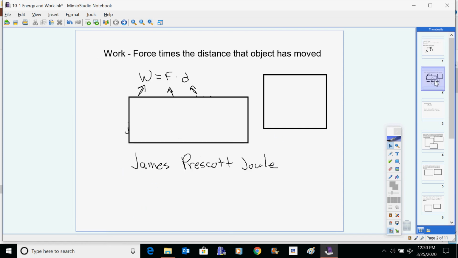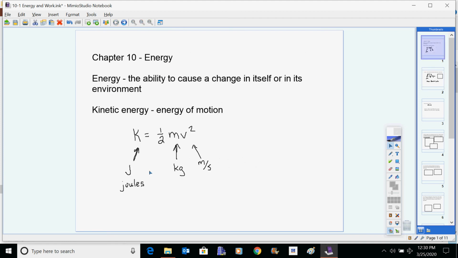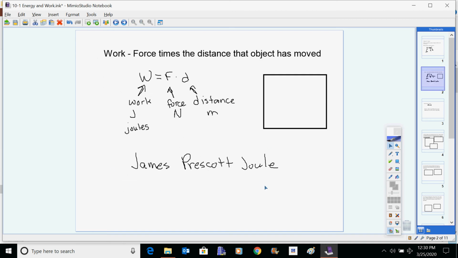Joule coming from James Prescott Joule, a scientist. And so our words that go with them are work, which is going to also equal force times distance. That's a little bit different than kinetic energy, but it's also very, very closely related to energy. Okay, so kinetic energy, the energy of motion, is closely related with the same unit for this idea of something called work.